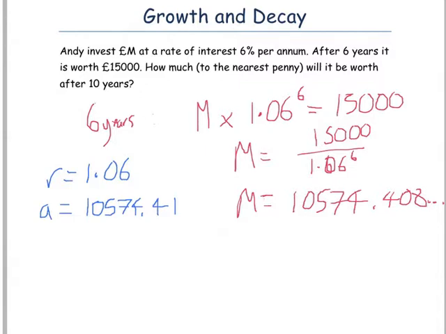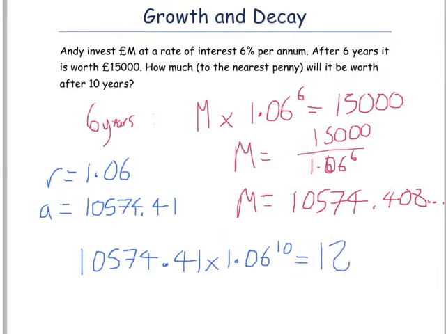So 10,574.41 times 1.06 to the power of 10, and that gives us £18,937 and 15 pence.